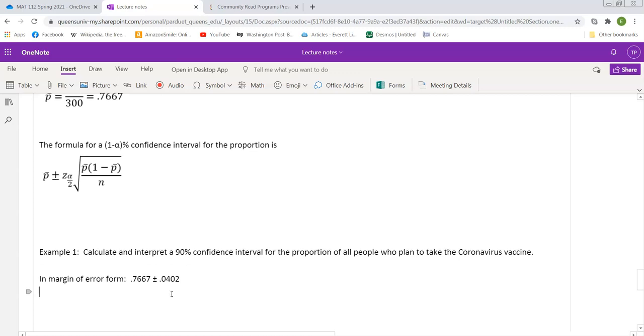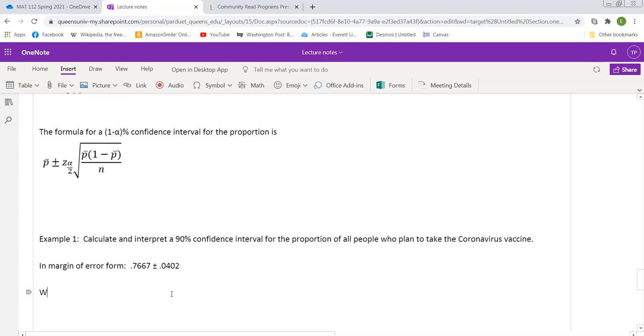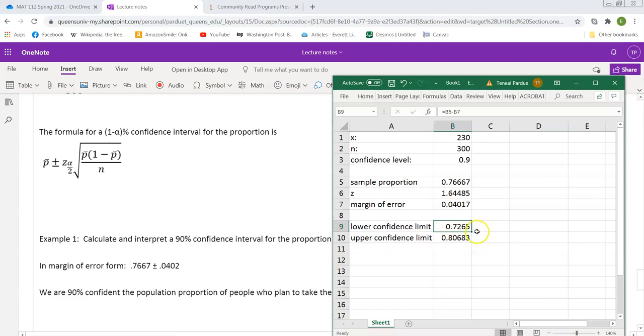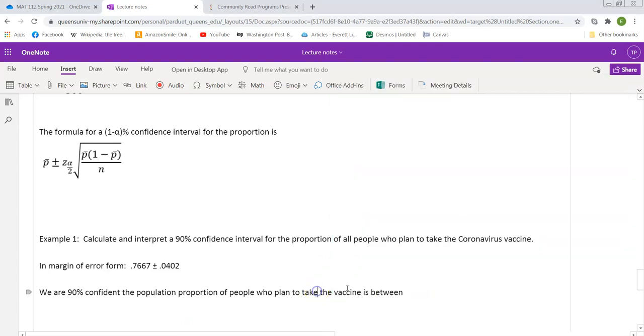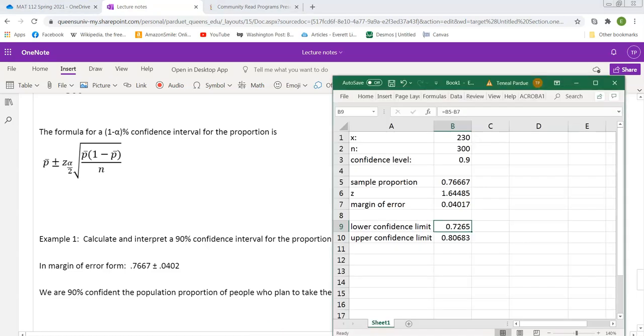And then in interval form, and we need to include an interpretation here, we are 90% confident the population proportion, or the proportion of all people who plan to take the coronavirus vaccine, is between 72.65% or 0.7265 and 0.8068.